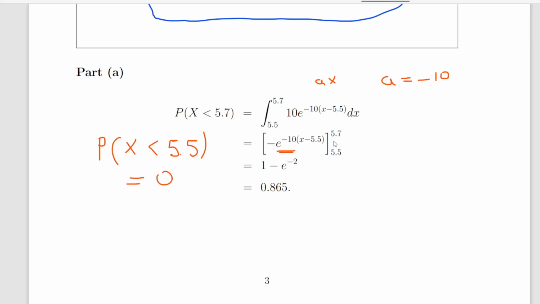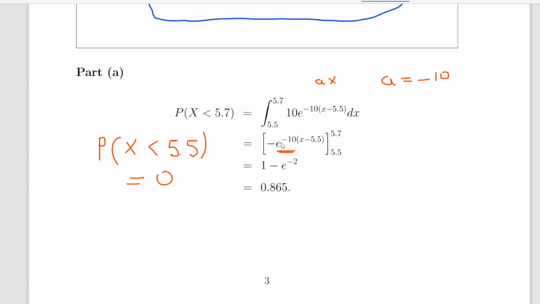Let's look at the lower limit first. When we evaluate at 5.5, x minus 5.5, 5.5 minus 5.5 is 0. So minus e to the power of 0 is minus 1. Just watch out for that. When we evaluate at 5.7, we get 10 times x minus 5.5, so 0.2 times 10 is 2.